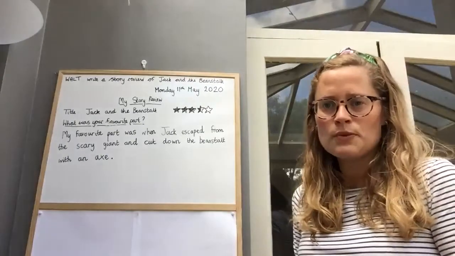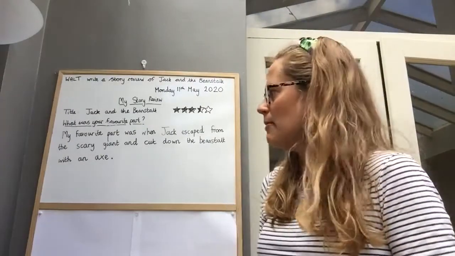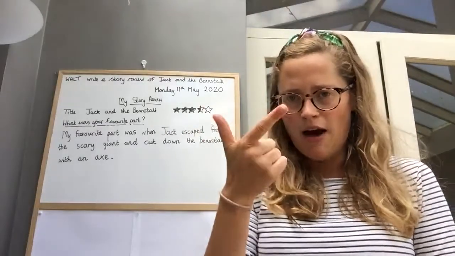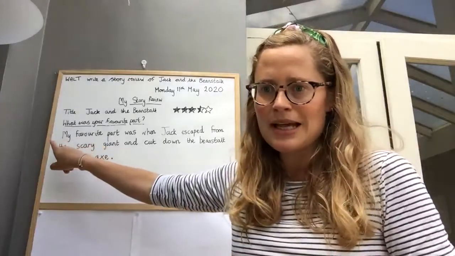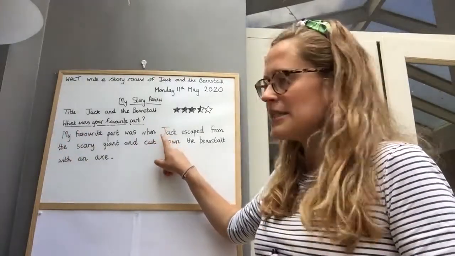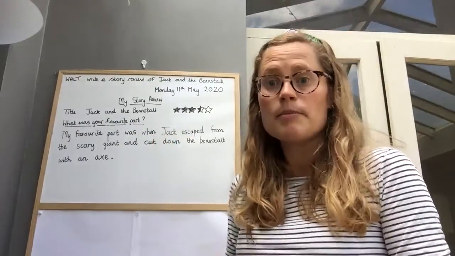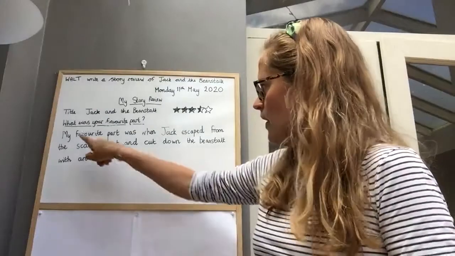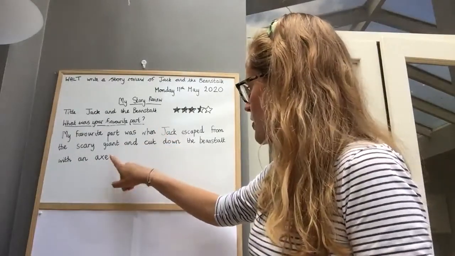Now, what do we need to do once we have done our sentence, year one? Think about it. We've got to remember to check for our capital letters, our finger spaces, and our full stops. I can see my capital letter at the beginning of my sentence. I can see I've got my capital letter here for Jack. Why does Jack have a capital letter? Because it is his name. So capital letter there, and then we've got my full stop.